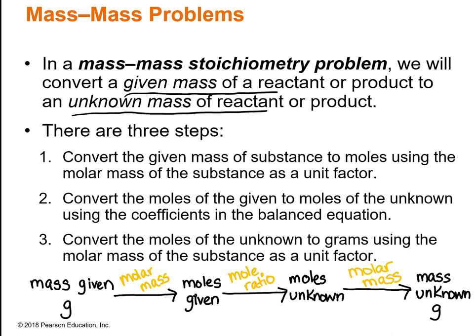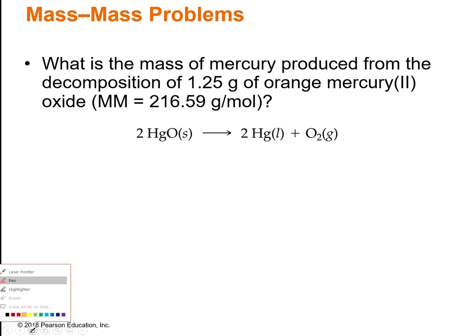If you can identify the problem type, then you know what your plan is, and then you set everything up accordingly. All right? So we're going to do an example of this where we put this plan to work. So keep up. I'm going to be asking you questions along the way, and I want you to help me solve this.